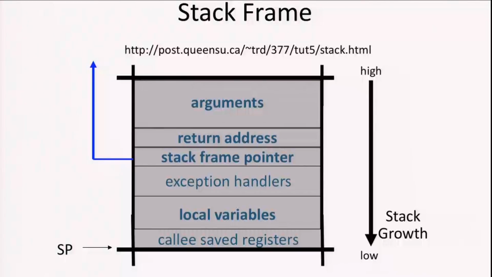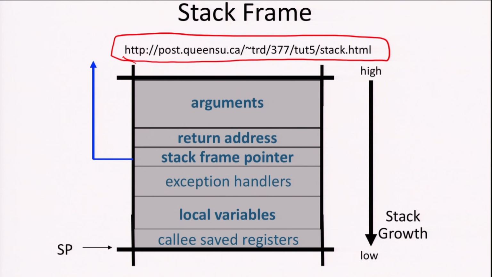So here is a picture of the stack itself, and I would suggest that you go to this particular website to read about the program stack more closely. What we have here is a schematic. So what happens is that, first of all, when you have a program and you call another function, a new stack frame is created.